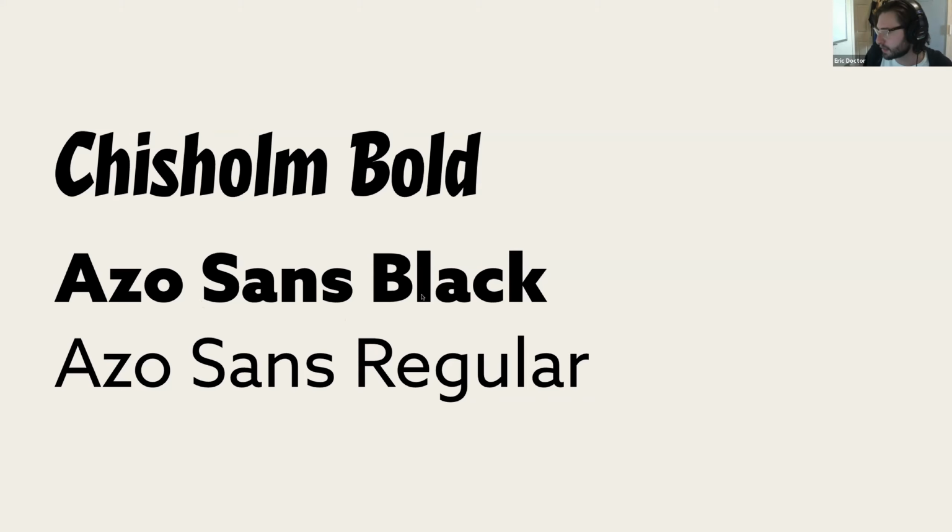Also, if you look at the way the terminals are cut off on the S, A, and C, it has a little bit of a snap to it, mimicking the brushwork that I was going for in Chisholm. Also, the G has that same sort of construction. So that's why Azo became the supporting typeface.